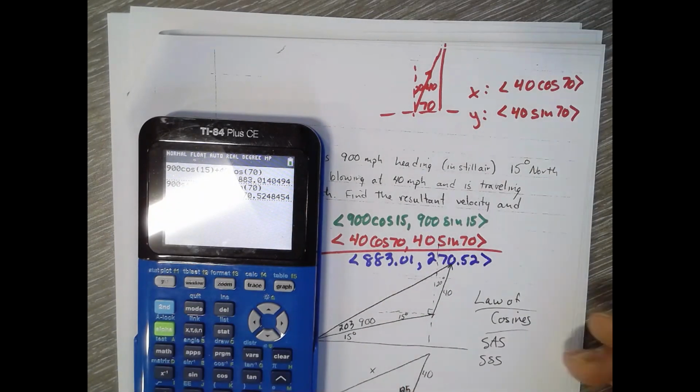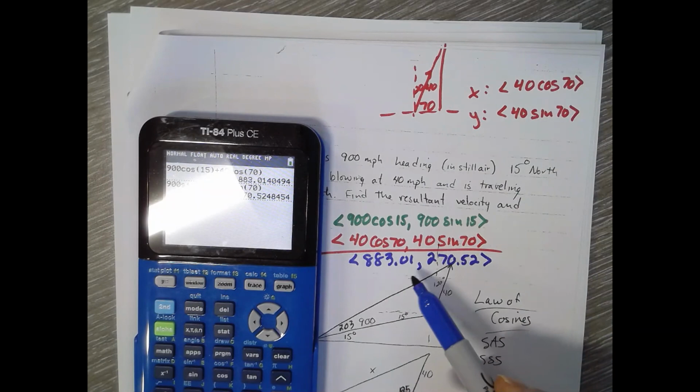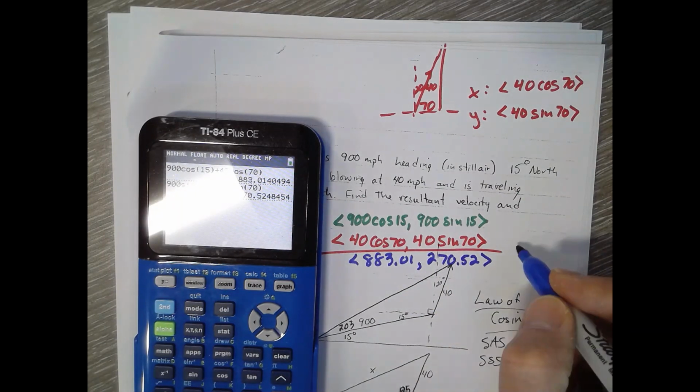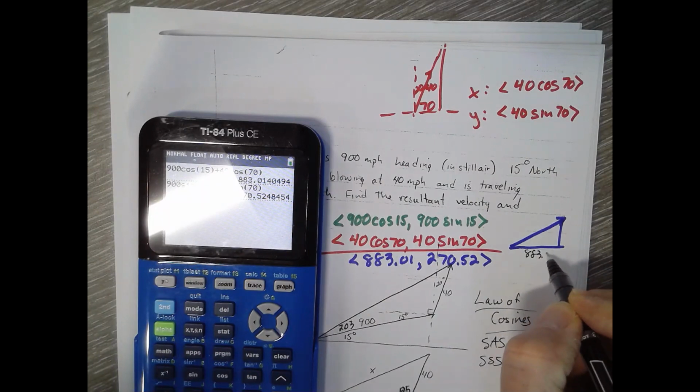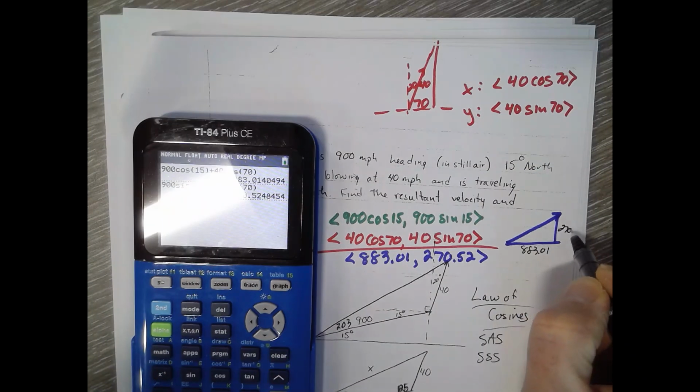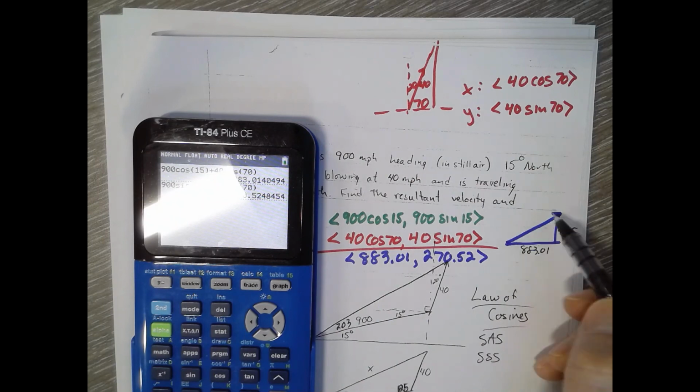If I want to know its magnitude, I could just do the Pythagorean theorem. Because I know it's 883.01 and 270.5, you can find the hypotenuse, and it's going to be 923.5, because that's what we got before.